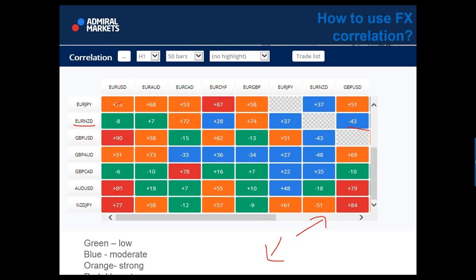So yes, your answer is correct. But if you open GBP dollar long and Euro New Zealand long, one of those trades would probably be negative. So if you go with negative correlation, you can go with one long and one short, because if you are right in the trade, then usually both positions will win. Okay?